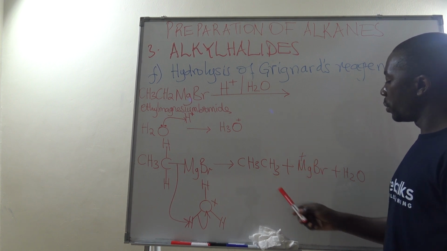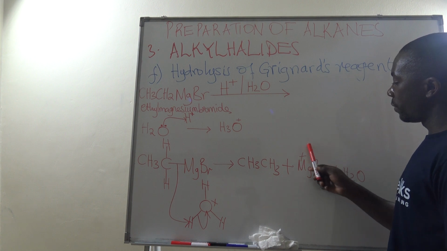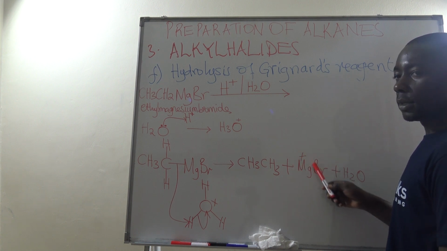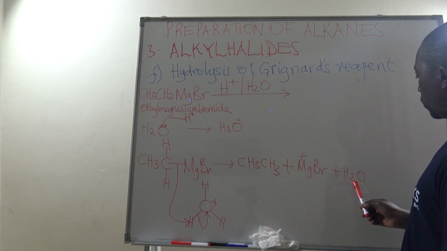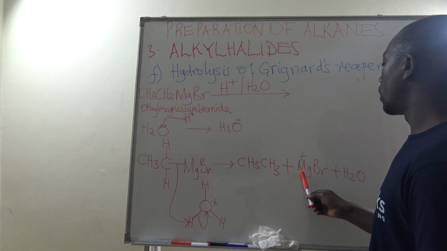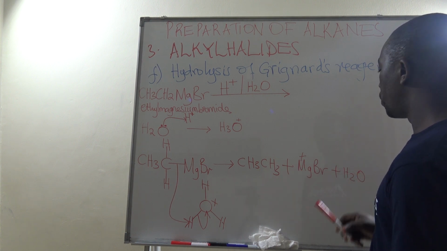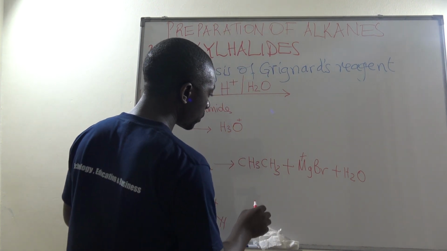One of them has been taken and one bonded to bromine, so it becomes electron deficient. But the water molecule neutralizes the positive charge on magnesium with the help of the lone pair of electrons on the oxygen atom.